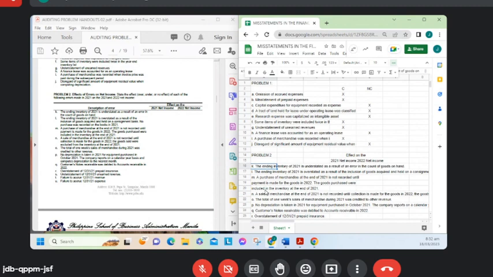So if the ending inventory is understated, it means the cost of sales will be higher, overstated.